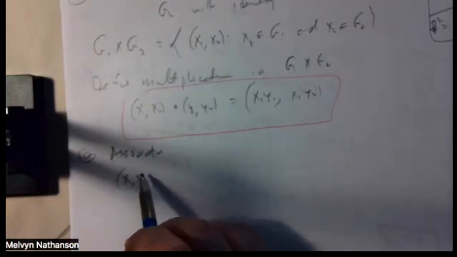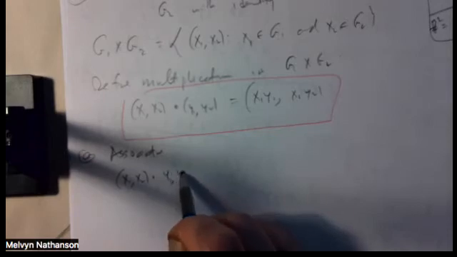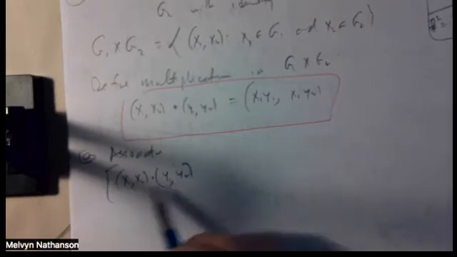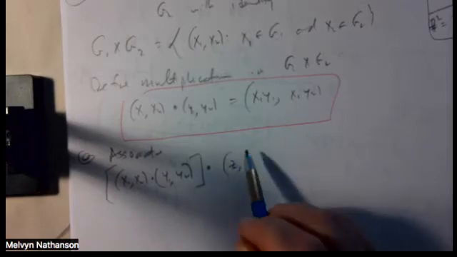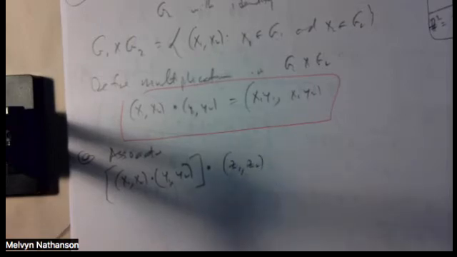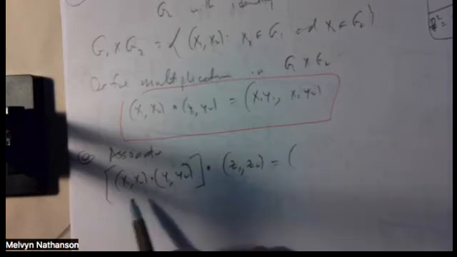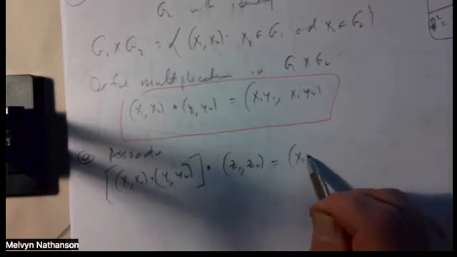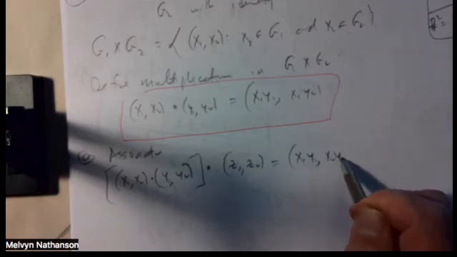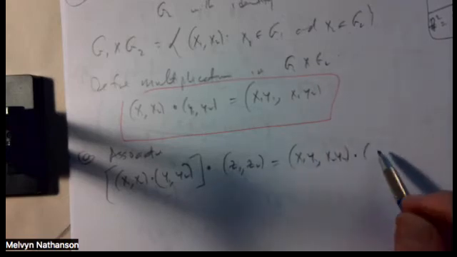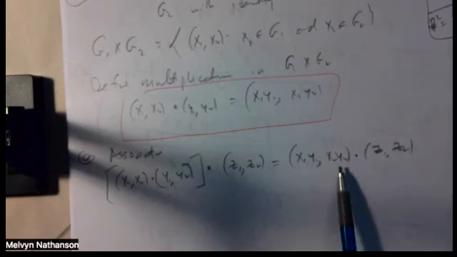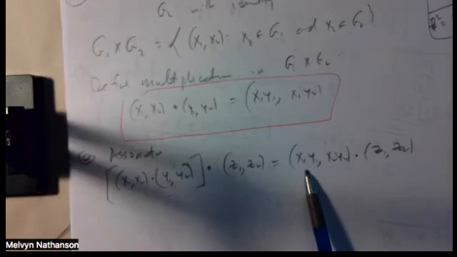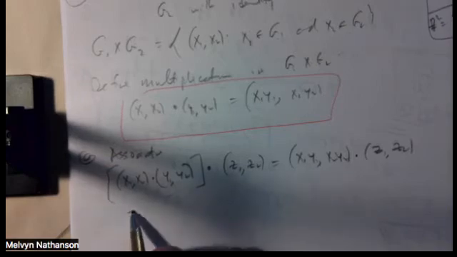You take (x1, x2) times (y1, y2), and you multiply them. And then you take the product and multiply it by a third element, (z1, z2). So in these square brackets, when you multiply these two elements, you get (x1 y1, x2 y2) times (z1, z2). And again, multiplication is coordinate-wise.